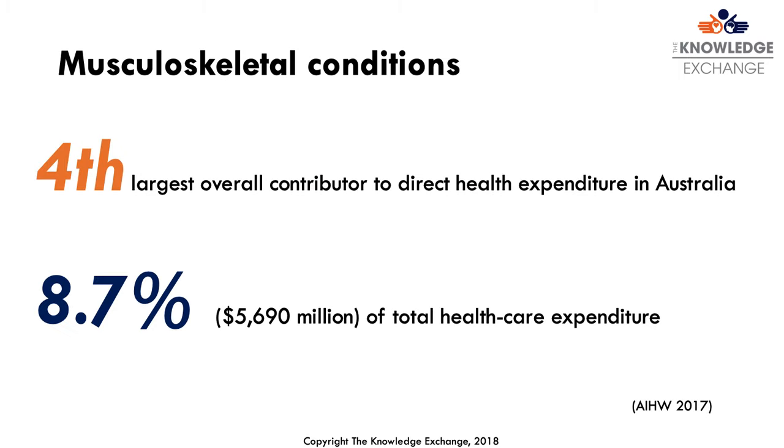Musculoskeletal conditions. According to the Australian Institute of Health and Welfare, musculoskeletal conditions are the 4th largest overall contributor to direct health expenditure in Australia, accounting for approximately 8.7% of total healthcare expenditure after cardiovascular disease, oral health, and mental health disorders.